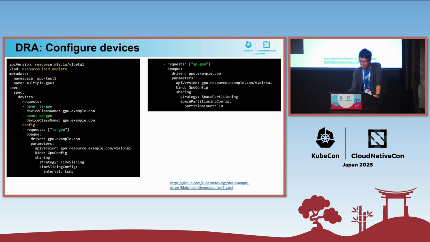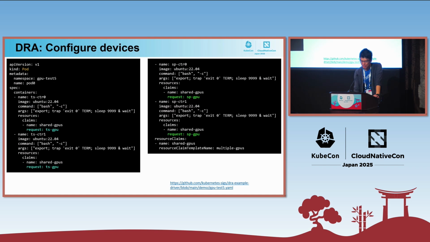You can set device-specific parameters in resource claim templates. These customized devices can be used by pods like this. Each container can specify a desired type of devices by using a request. There are more flexible uses in DRA. If you are interested, please join other sessions that focus on DRA.